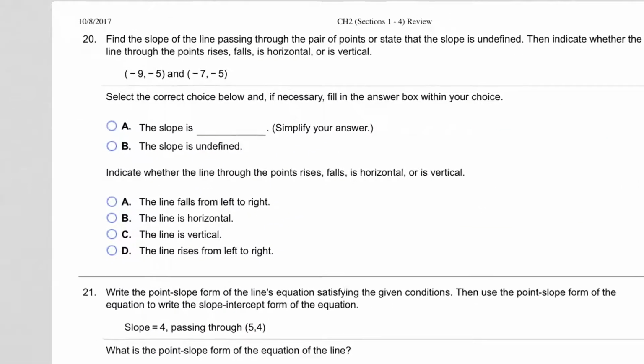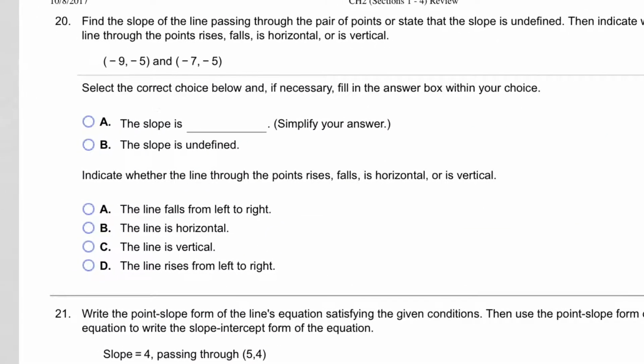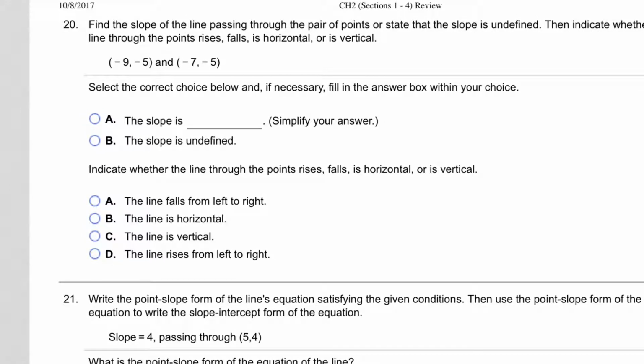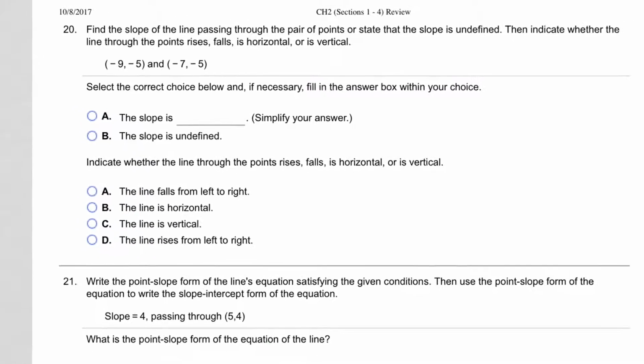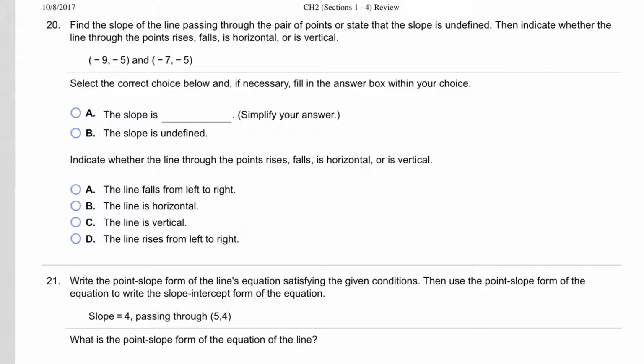So let's take a look at number 20. Find the slope. Well, this is basically the same question, except here we notice that we have a repeating y value, and that just means that we can anticipate we're going to get a 0 for the difference of y's, which in the formula is on top.